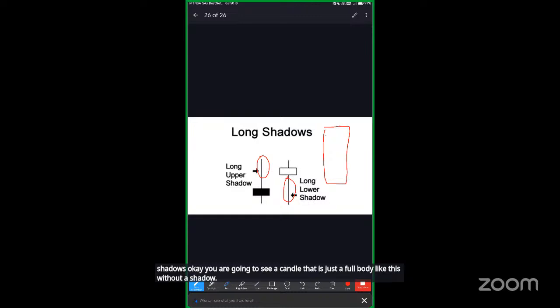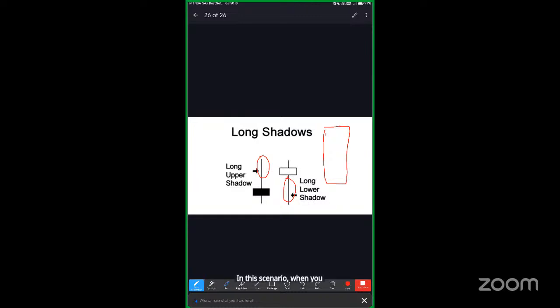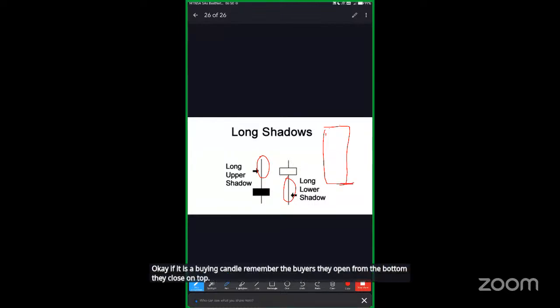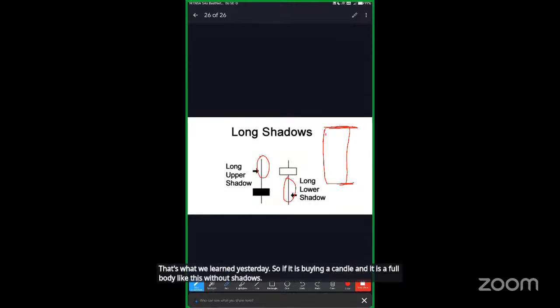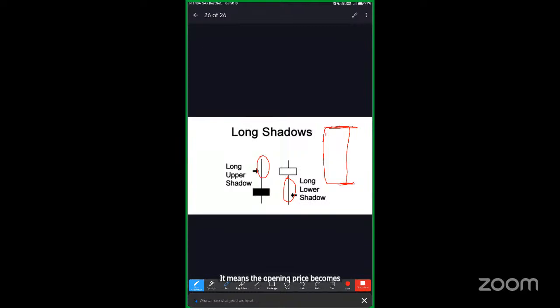In this scenario, when you see a candle like this, it simply means, if it is a buying candle, remember the buyers, they open from the bottom, they close on top, right? That's what we learned yesterday. So if it is a buying candle and it is full bodied like this without shadows, it means the opening price becomes the low of the market.